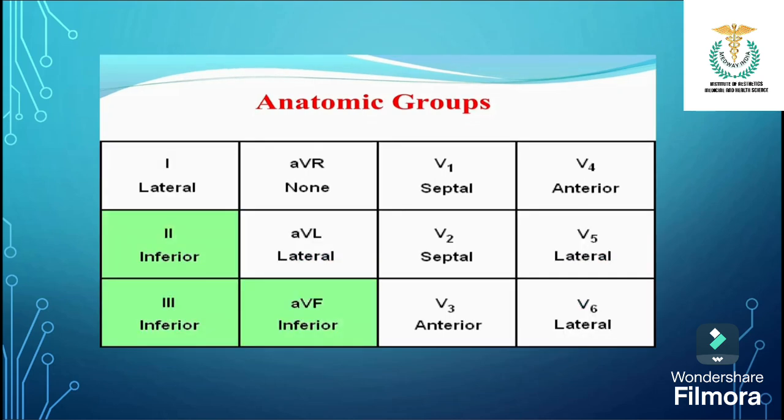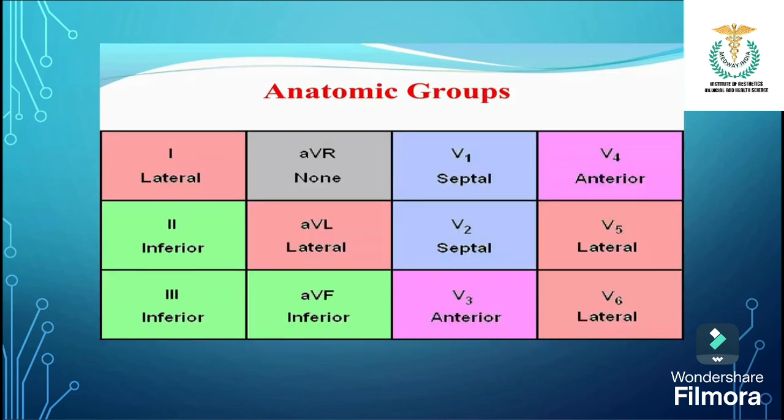So if you see changes in 2, 3, AVF of the ECG, then the inferior wall of the heart is likely to be involved. So here is the complete picture: 2, 3, AVF inferior; 1, AVL, V5, V6 lateral; V1, V2 septal; V3, V4 anterior. This is very important.